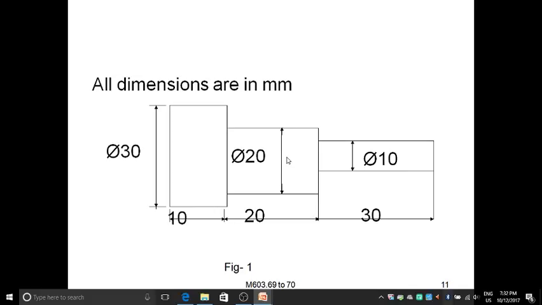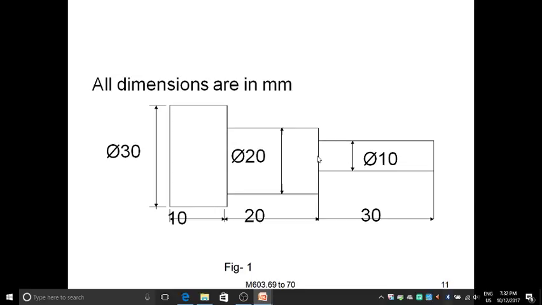So now you come back to the cross sections of 20 mm diameter and 10 mm diameter. These two cross sections are meeting, so you have a certain gap between them, and that gap is also 20 mm length. That will be 5 mm front side and 5 mm back side. You consider that length also.